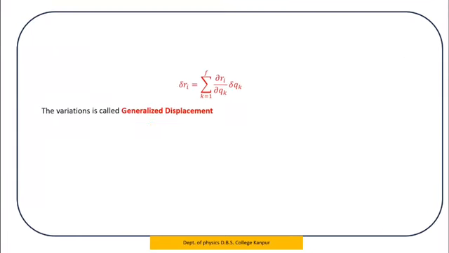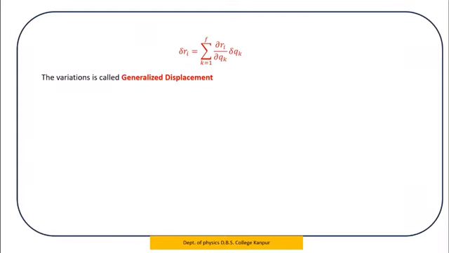So the generalized displacement is given by this. Since ri is a vector, this is also a vector. So delta ri is equal to the sum of del ri upon del qk delta qk, where k runs up to the degrees of freedom.